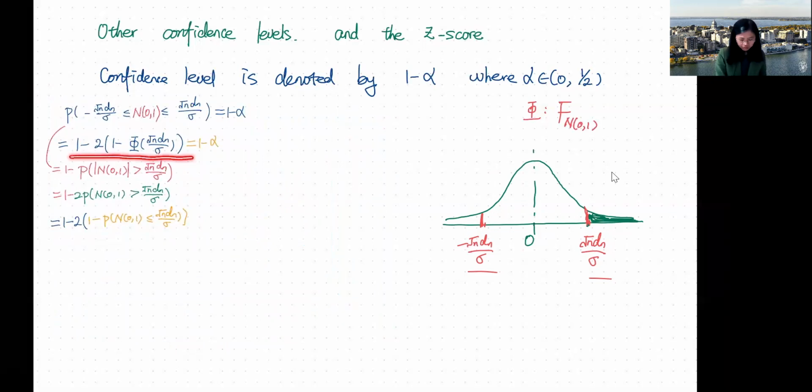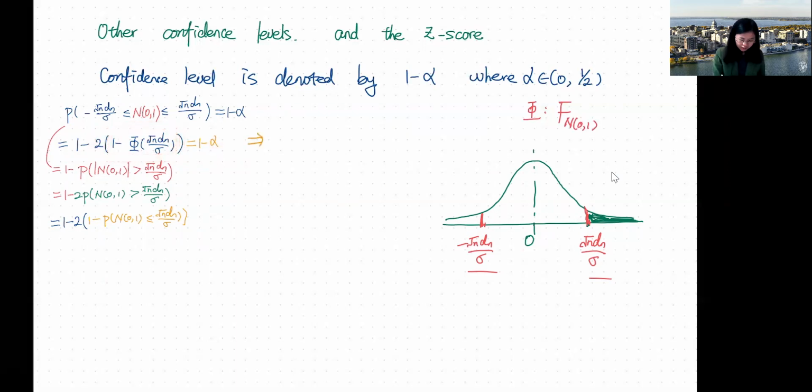So I want to use this equation to solve for root n dn over sigma. Solving this equation is quite easy. 1 minus this should be equal to 1 minus alpha. Therefore, 2 times this 1 minus CDF should be equal to alpha. Or alternatively, 1 minus this should be equal to alpha over 2.